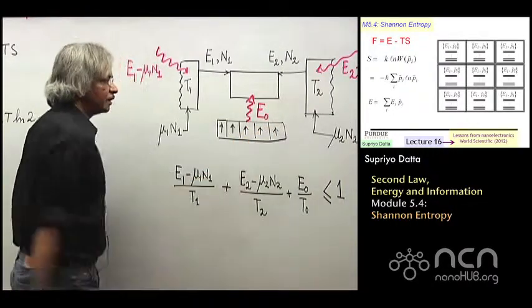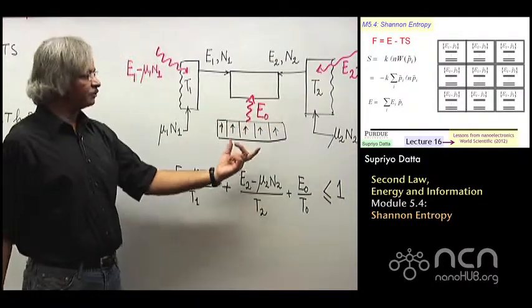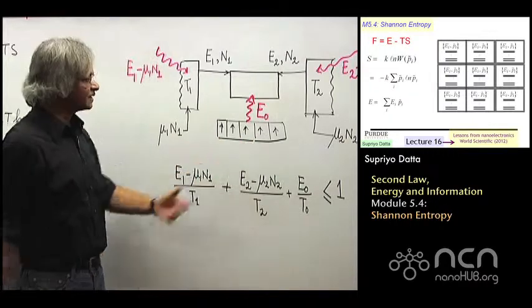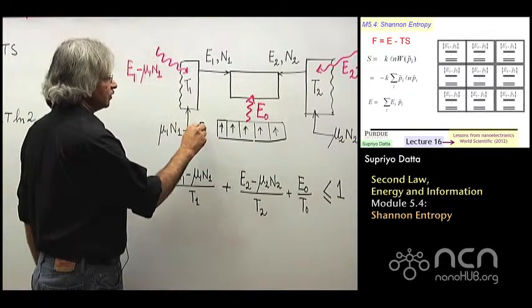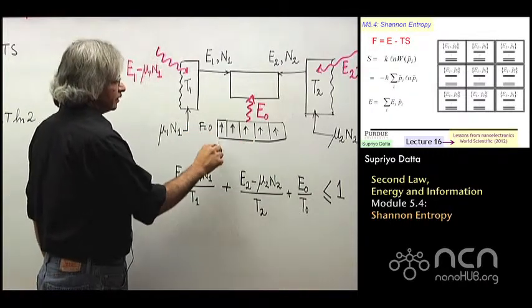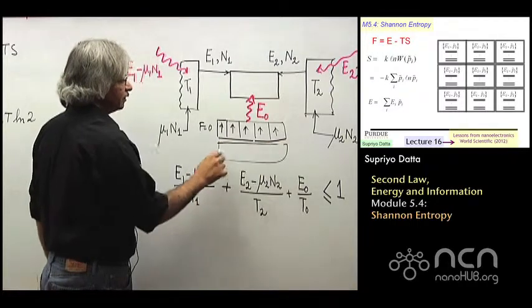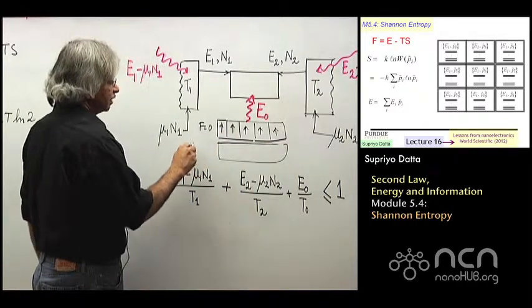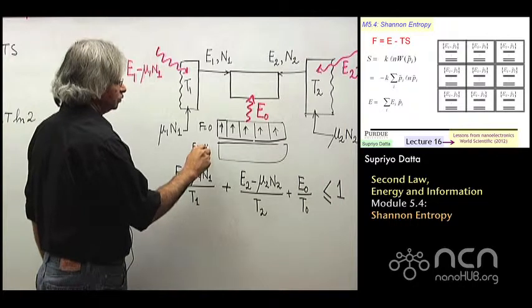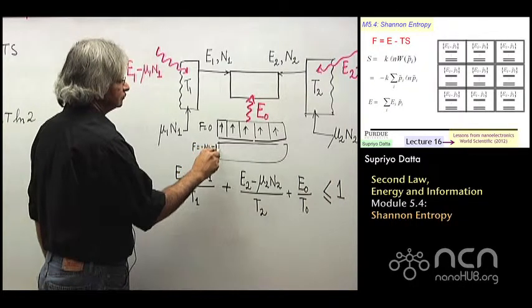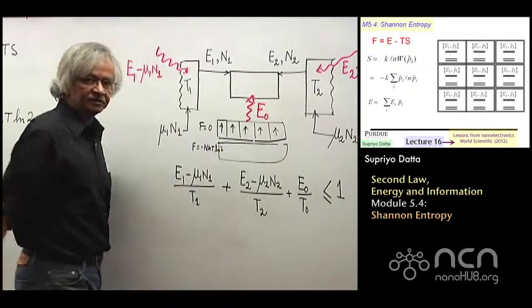So let us say we have a collection of spins that happen to be all up. That's the collection whose free energy is 0. And eventually, as you wait, it will go to a free energy of minus NkT log 2. The free energy will decrease.